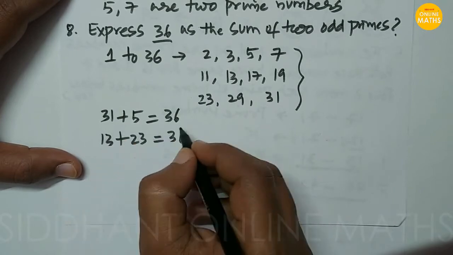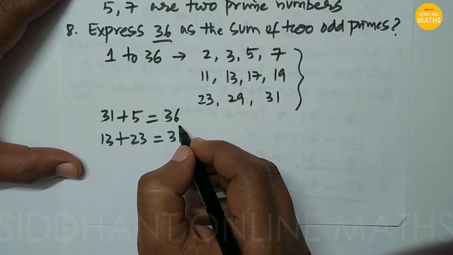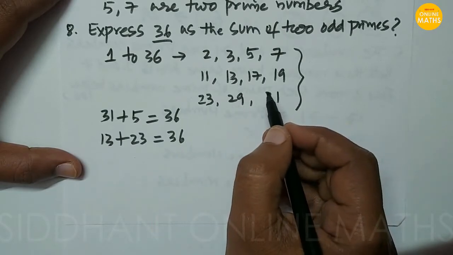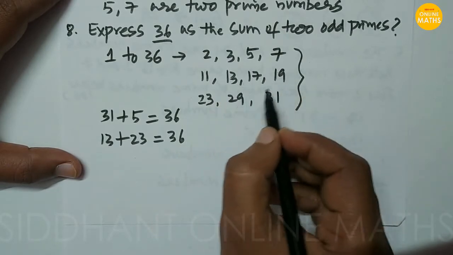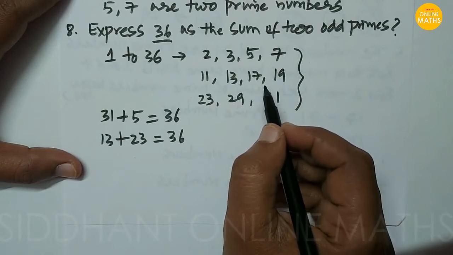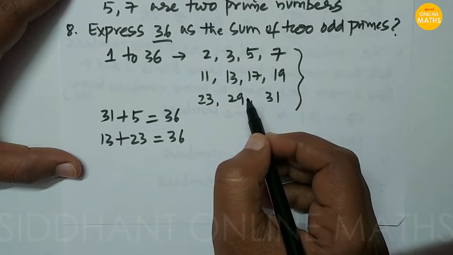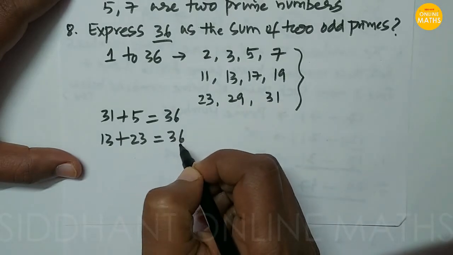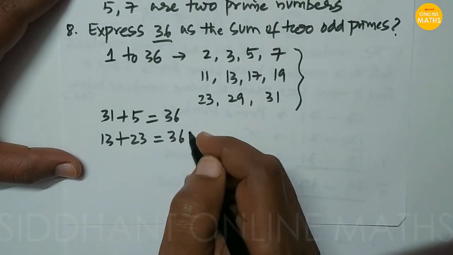When you add these, you get 36 as the sum. In the same way you take any two numbers such that the sum is 36. So I think these are the two possible ways where you get the sum 36.